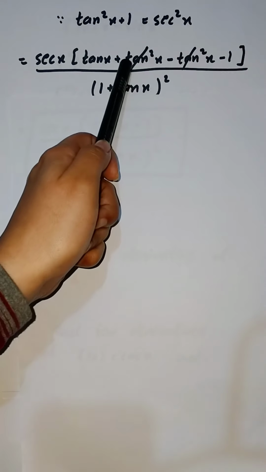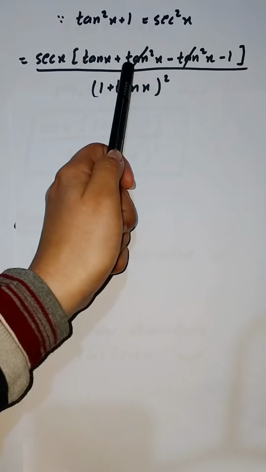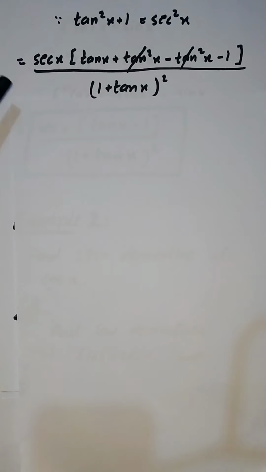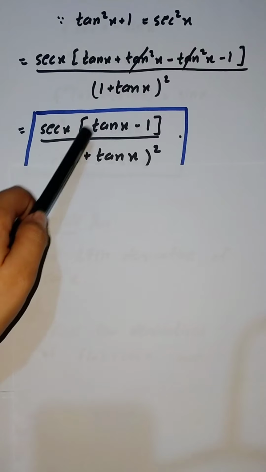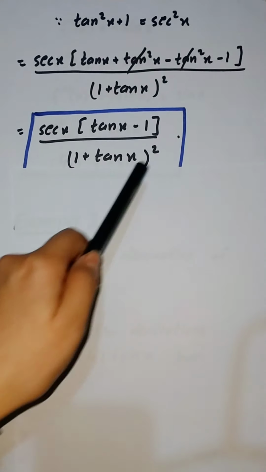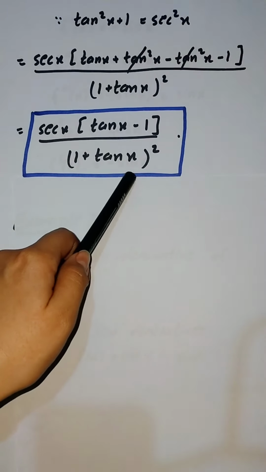So now we can cancel out these two terms, and it will become secant x into tan x minus 1, whole divided by 1 plus tan x whole square. So this is the derivative of that function.